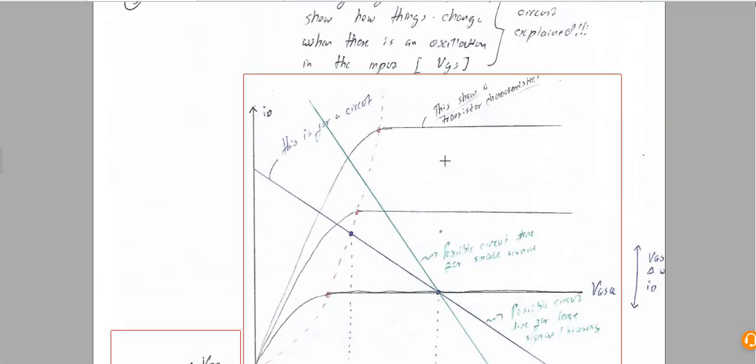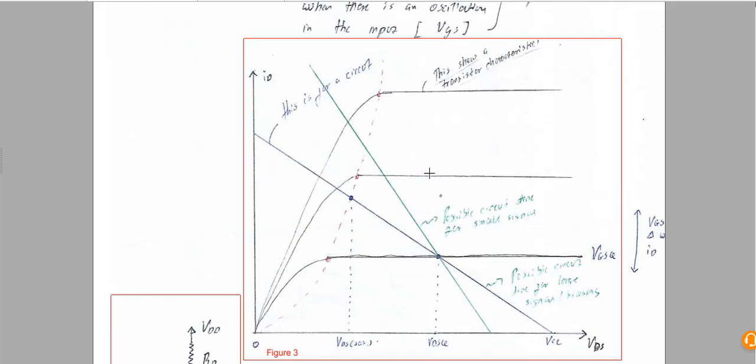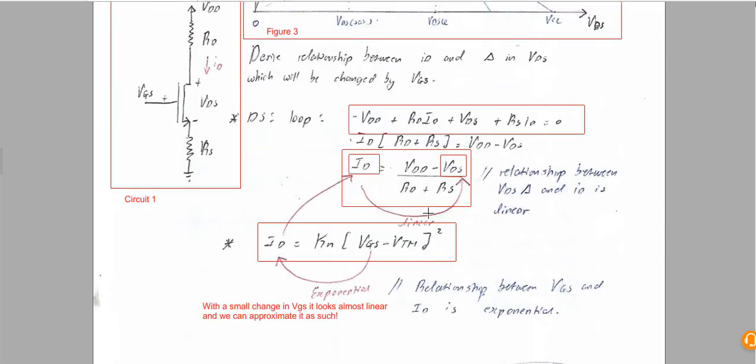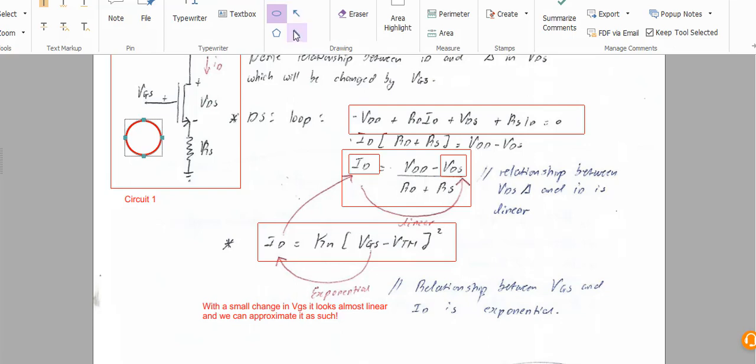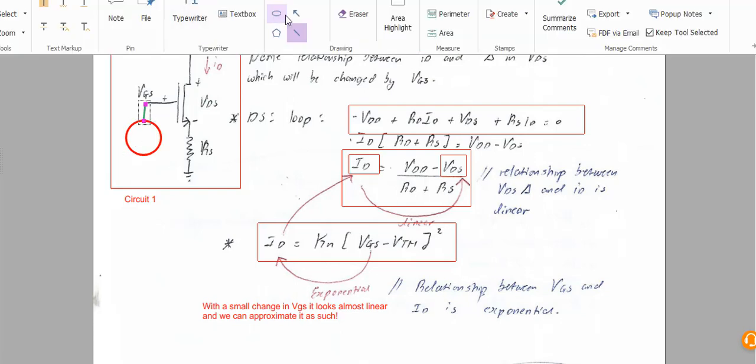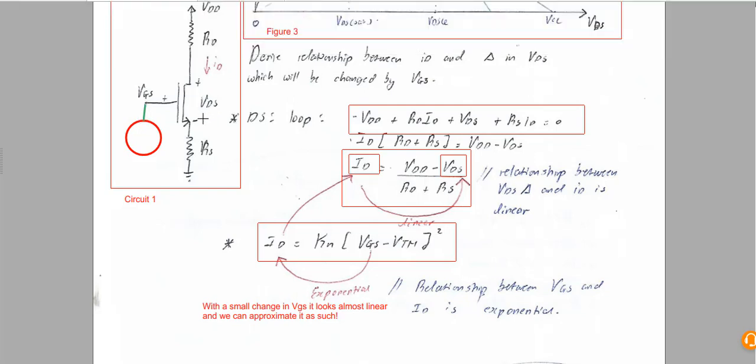Now, let's look at a situation where there's going to be a change in VGS. In the previous video, I looked at the change, but that was explaining biasing of a transistor. Let's look at a change. Let's assume that we plug in a voltage source here, and that voltage source is not a DC voltage.